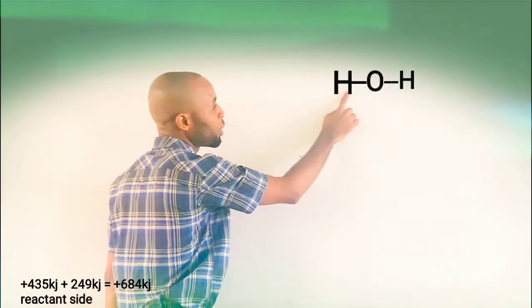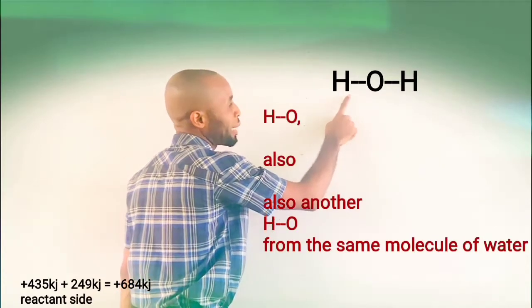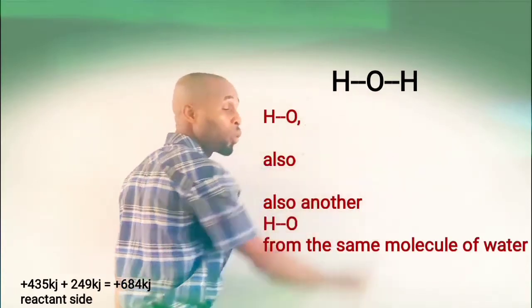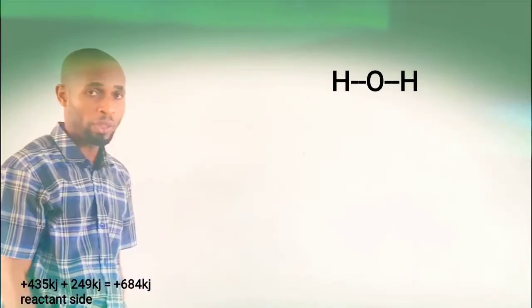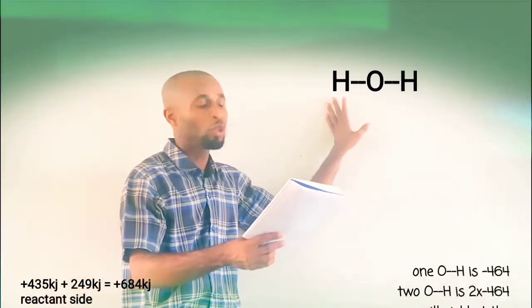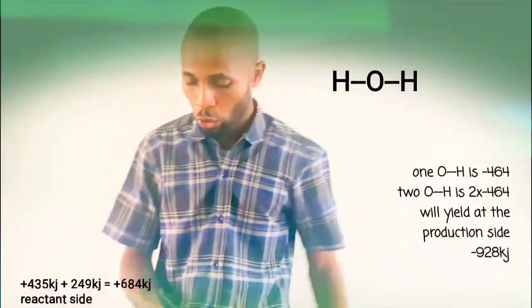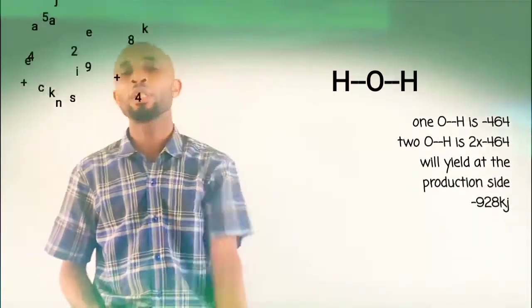You have something that looks like this, OH and another OH, despite it being the same O that bonds the two H's. Hope you see that. Therefore the value is 2 times minus 464, which gives us minus 928 kilojoule.